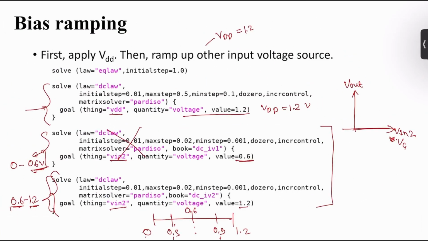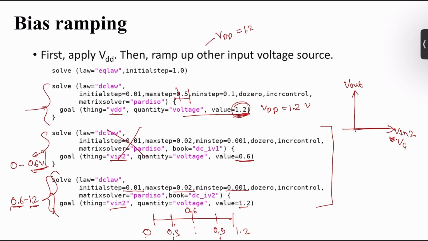Here also I took minimum step 0.01, 0.02, 0.01. But you can see in VDD I took max step 0.5. Because for VDD we need only 1.2, it doesn't matter what is between, like 1 or 0.8, it doesn't matter for me in the NOR circuit. So I did one till 1.2.